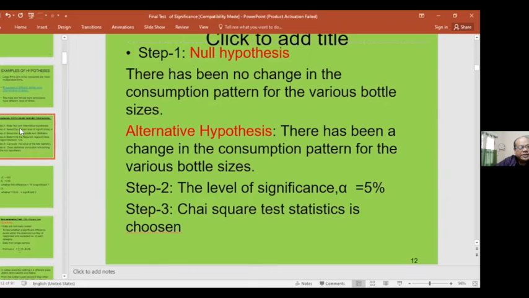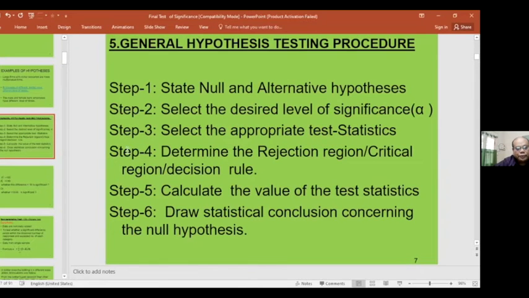In all hypothesis testing, I will be following step 1, step 2, step 3, step 4, step 5, step 6. This is clearly prescribed in Marketing Research by Luck and Rubin, which is a foreign edition. So for systematic analysis, follow these steps. First, state the null hypothesis and alternate hypothesis, select the desired level of significance, and so on.